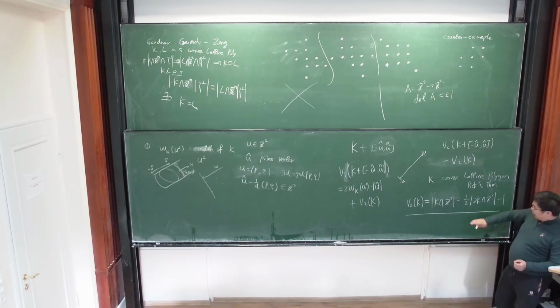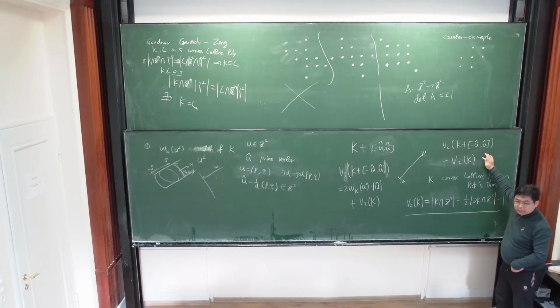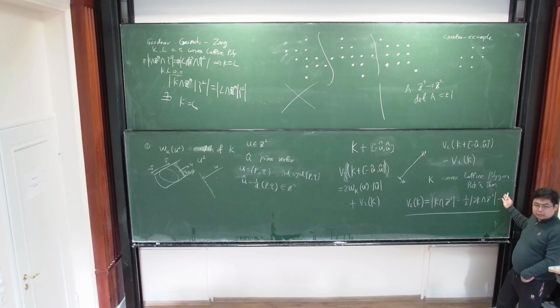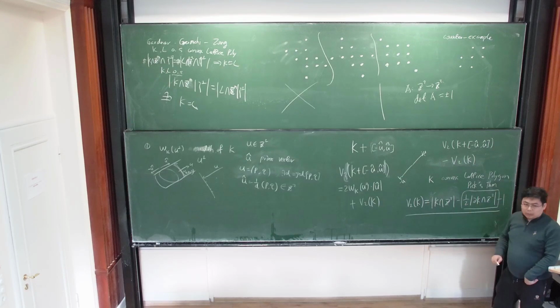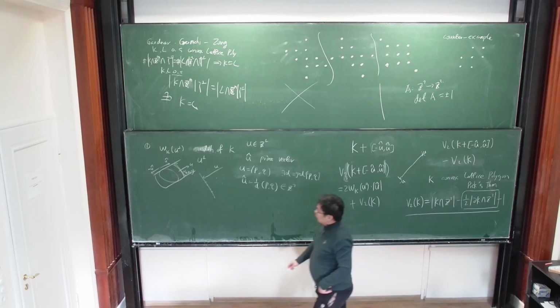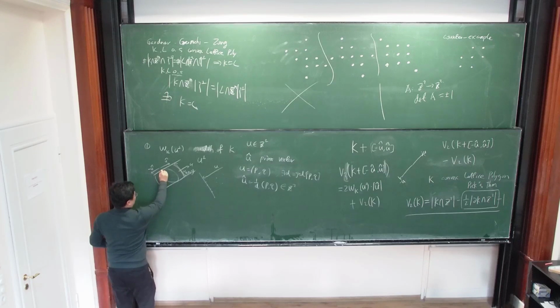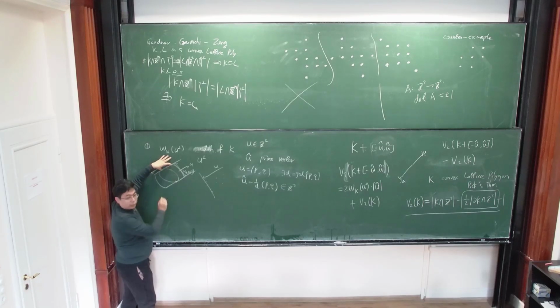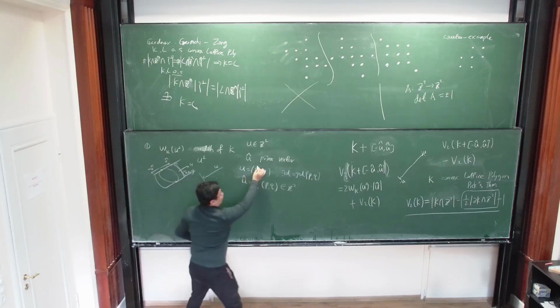And now we need to compare this one and this one. This one gives a width. How about this one? You just check these three terms. The minus one is nothing; you subtract, it cancels. And this part, half of the boundary. Now you have those points on the boundary, and if you add a prime vector, the segment here doesn't have any integer point inside, because this is a prime vector.